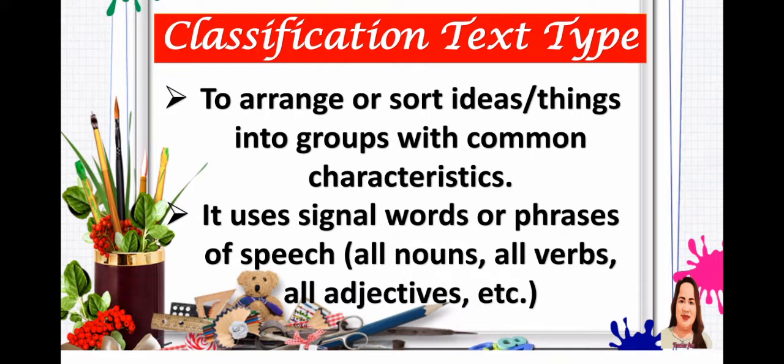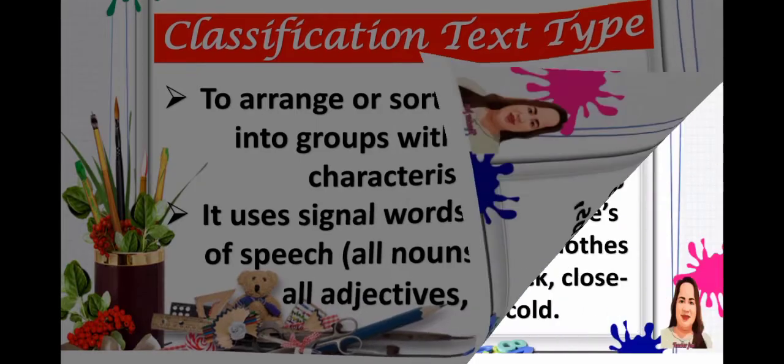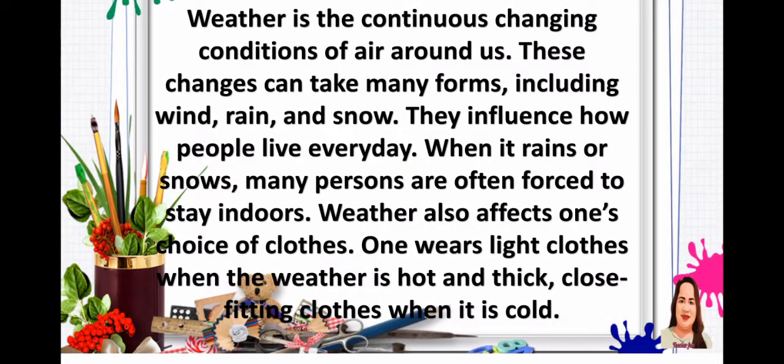Ang layunin ng text type na ito ay para mailarawan o matukoy at makapagbigay ng information tungkol sa paksa ng text o talata, halimbawa ng people, animal, things, or phenomena o tinatawag nating pangyayari.